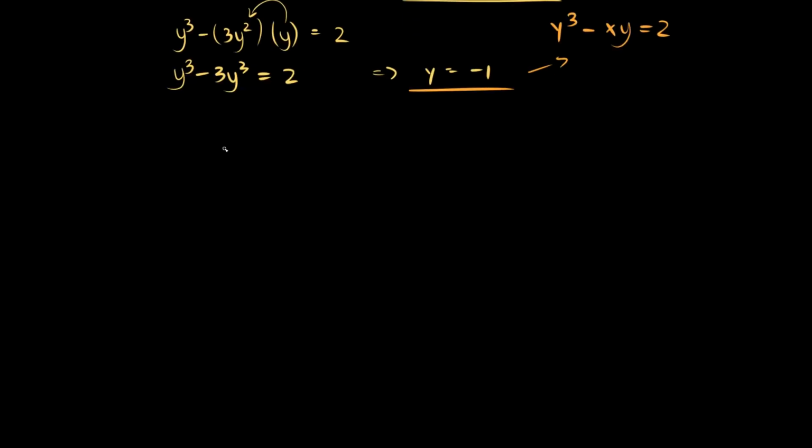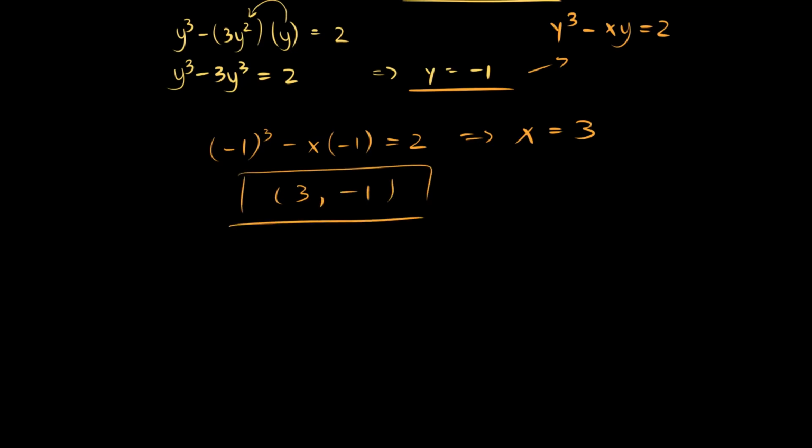So this becomes -1 cubed minus x times -1 equals 2. So this becomes -1 plus x equals 2. So x is equal to 3. So the answer to part B is (3, -1).